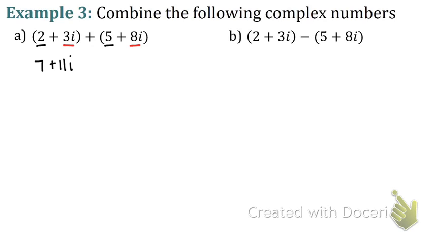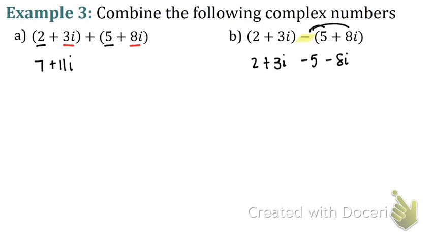Now in part B, we have to notice that we are subtracting. So we need to take that subtraction, and we can just go ahead and distribute it just so that we don't make any mental mistakes, right? So now negative times 5 is -5, and negative times 8i is -8i.